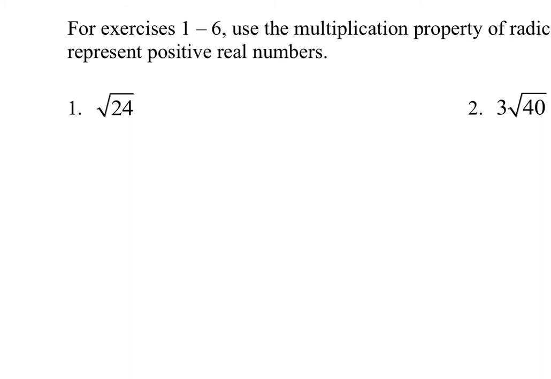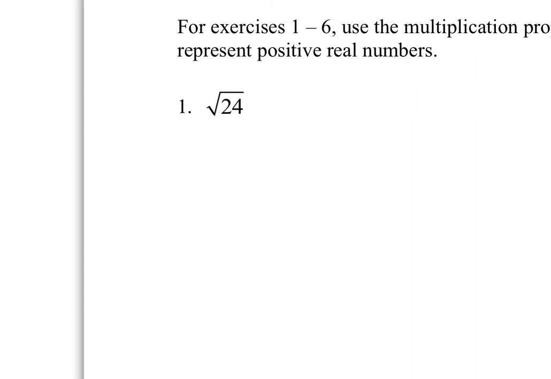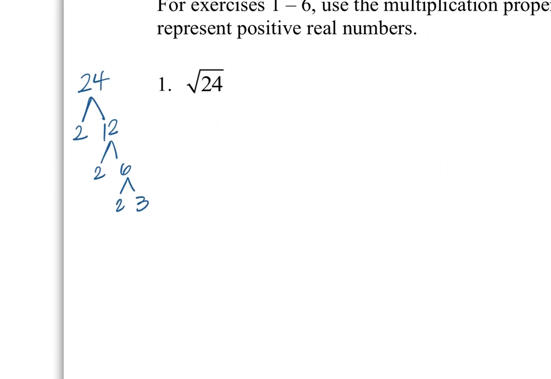So the square root of 24, we want to look at 24, and you can draw a factor tree of it. 24 is 2 times 12, and 12 is 2 times 6, but 6 is 2 times 3. So the square root of 24 is really the square root of 2 times 2 times 2 times 3.